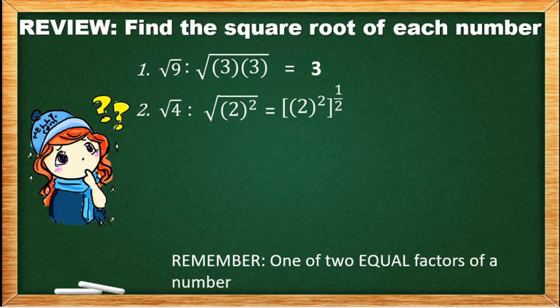Then, next step, 2 raised to 2 times 1 half equals 2 over 2. Then, we know that 2 over 2 is equal to 1. That's why we have 2 raised to 1. All numbers with an exponent of 1, the answer is the same number. So, that's why the answer is 2.